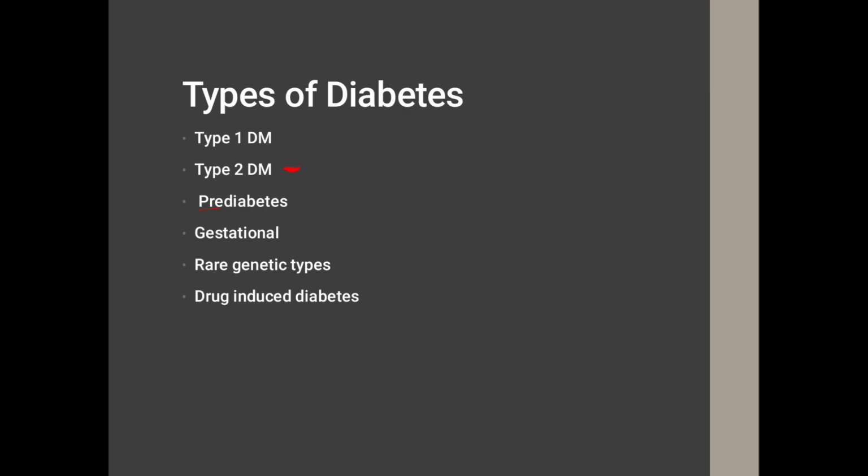We're going to talk about each one in detail, but I want to just mention gestational diabetes here. What is this condition? It's an impaired glucose test after 20 weeks of pregnancy. What does that mean?